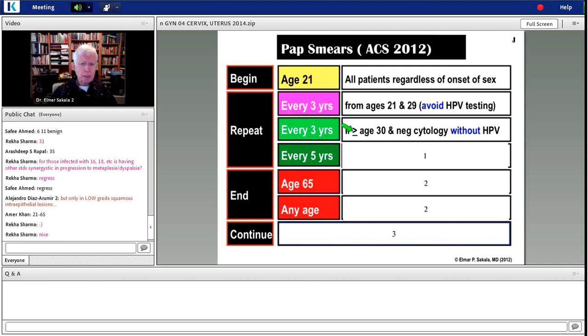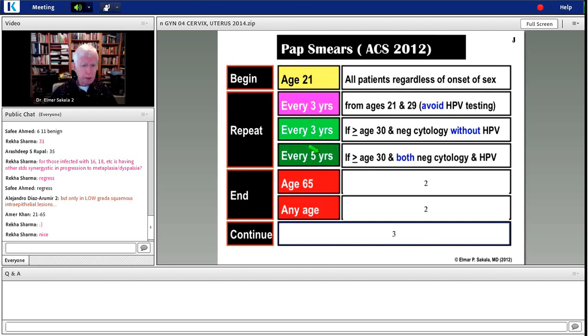If the woman is 30 years old or greater, and you do a cytology only, and it is negative, you did not do HPV DNA typing, that's okay, and you repeat it in 3 years. Now, if she is 30 years of age or older, and you do both a cytology, which is negative, and HPV DNA typing is negative for high-grade types, then you can go to every 5 years.